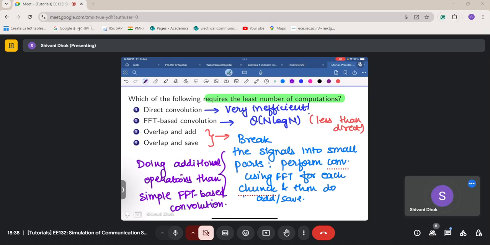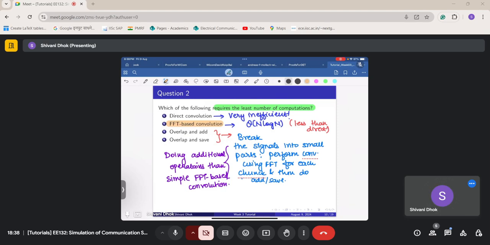Which means FFT based computation for convolution will need the least number of operations or computations. Any questions?